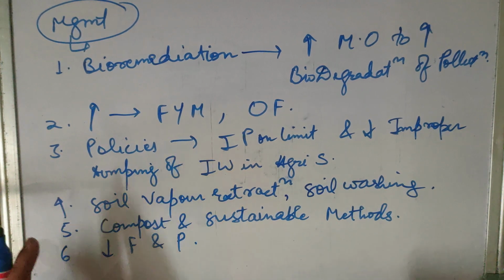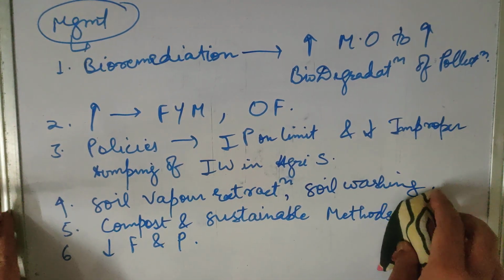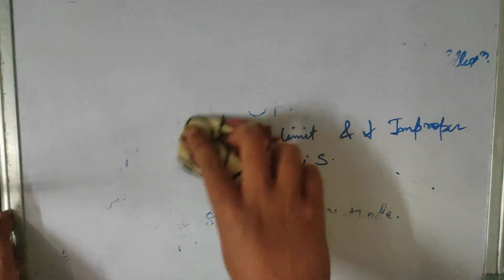Now, what are the effects of industrial effluents on soil and water? We discussed effects on human beings and plants. Now, what are its effects on soil and water?